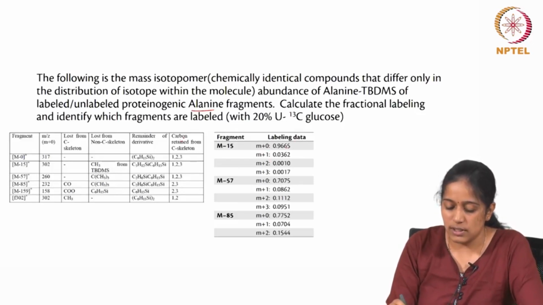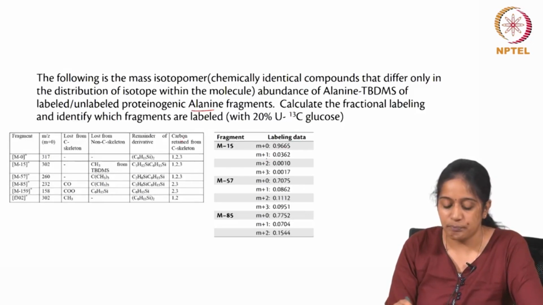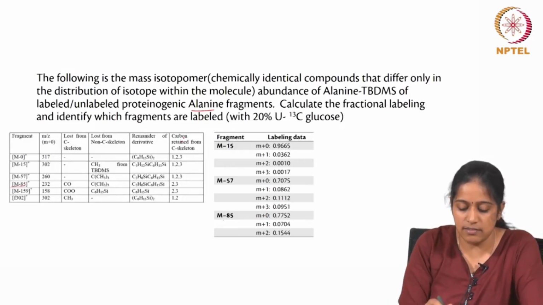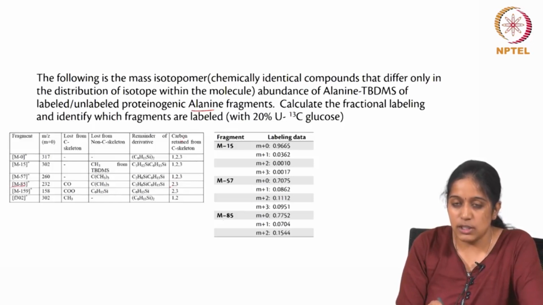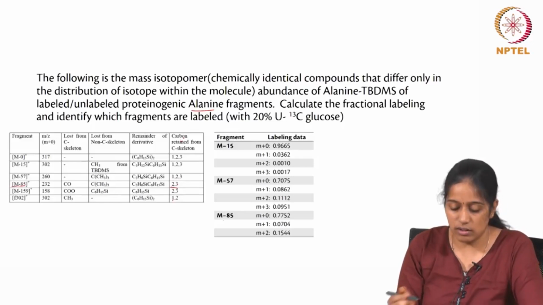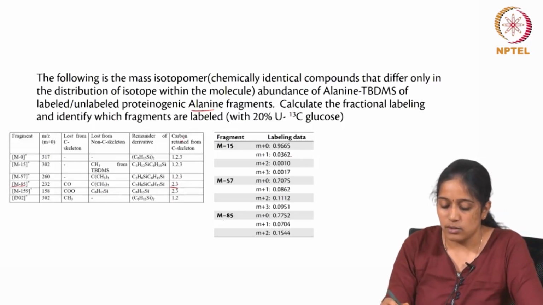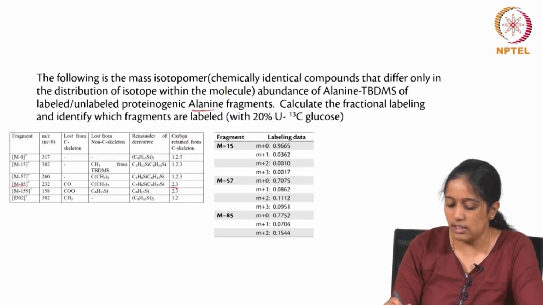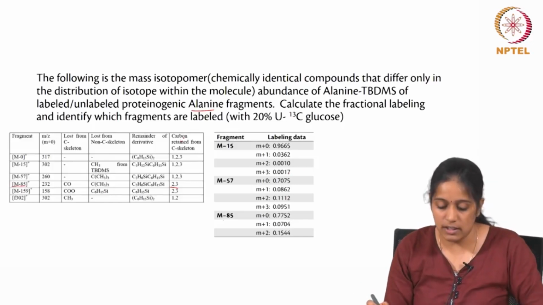So, you have m plus 0, that is basically m 0, m 1, m 2, m 3, and here you have again for mass m minus 57, you have masses m minus 85, you have 2 of them, simply because for the fragment m minus 85 you just get the information for 2 carbon atoms and not all of them. So, with this again you tend to calculate the fractional labeling as it may be called.